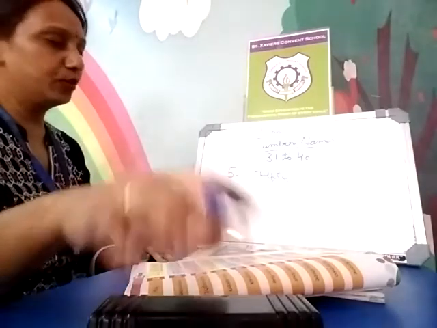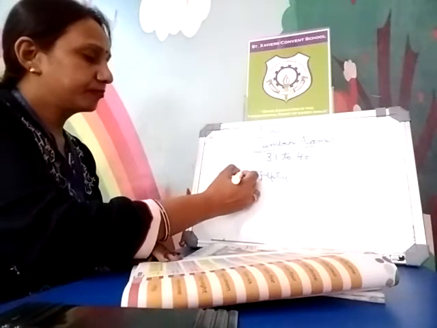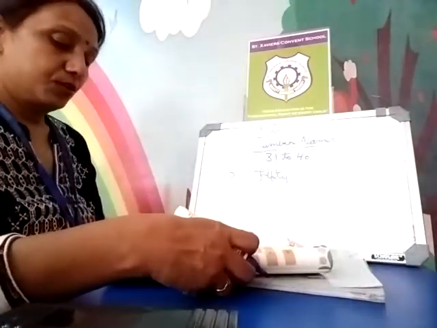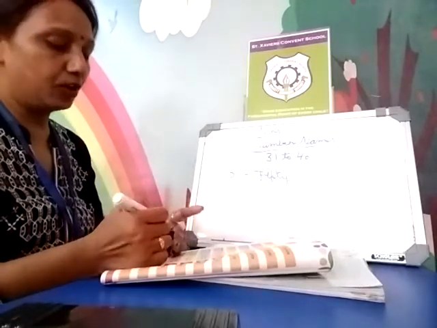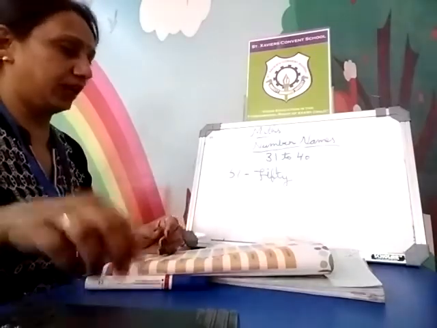Then what you have to do? Just start writing 51. 51 onwards will come in your next unit exam. Till 50 you have to learn.